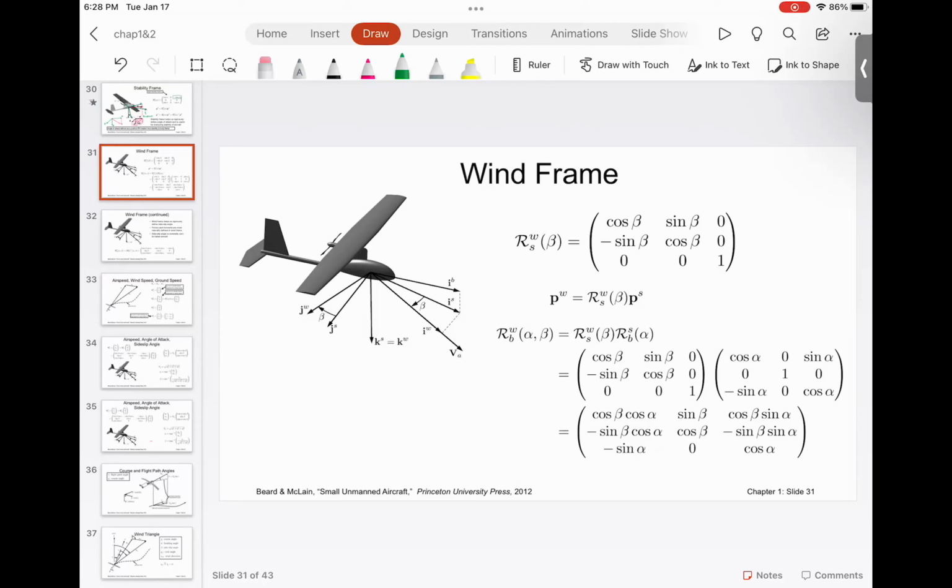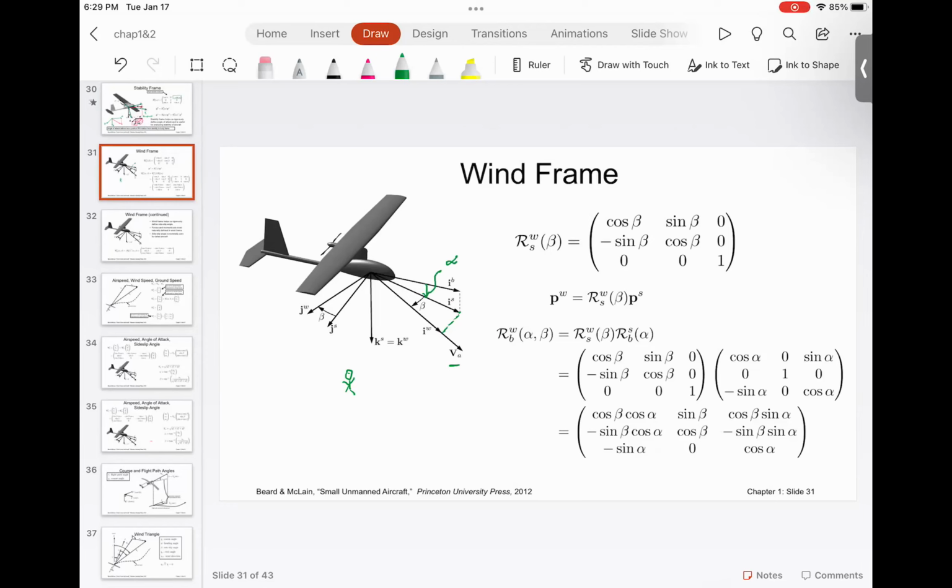What's happening in the wind frame? I want you to think about the same problem again. This is the airspeed. If you look from the side, you see the projection of the airspeed over here, and this angle is alpha.